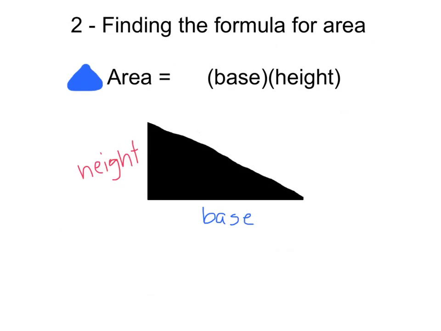So since we cut this whole entire rectangle in half, in order to find our area of just this triangle, all we're going to do is take our area of a rectangle, which is our base times height, and we're actually just going to multiply that by a half. Since right here, we're still taking the same base and the same height, we're just only taking half of it, since originally we had a whole entire rectangle here, which would be 2 parts of a rectangle.